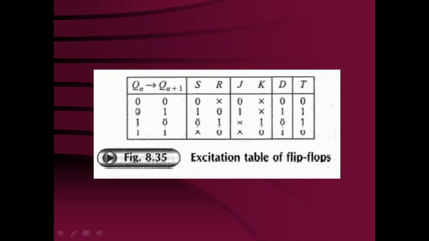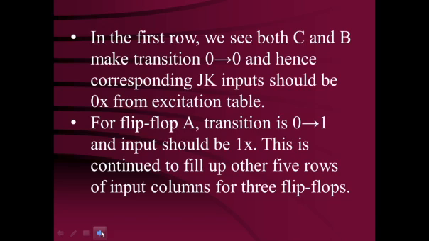If it makes a transition from 0 to 1, what is the condition for J and K? J should be 1, K can be anything. So 1X is required. Here it is given. For flip-flop A, the transition is 0 to 1 and the input should be 1X.